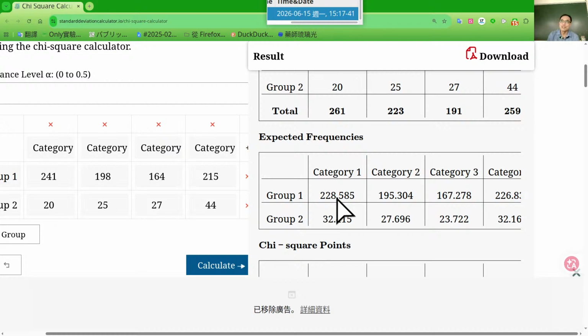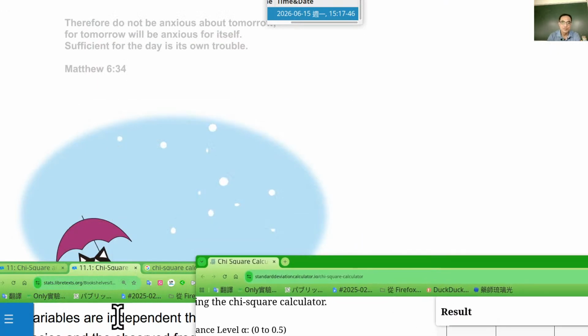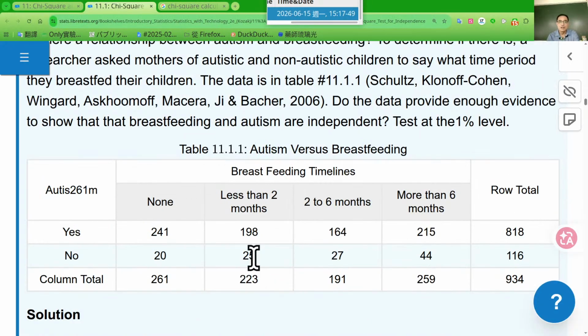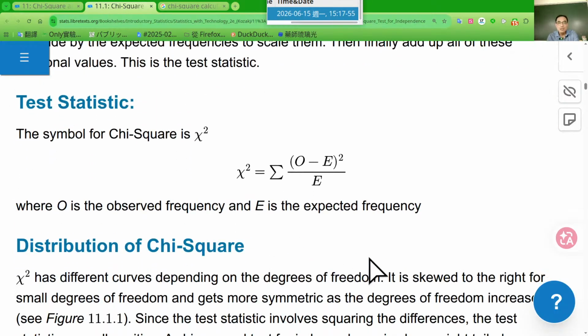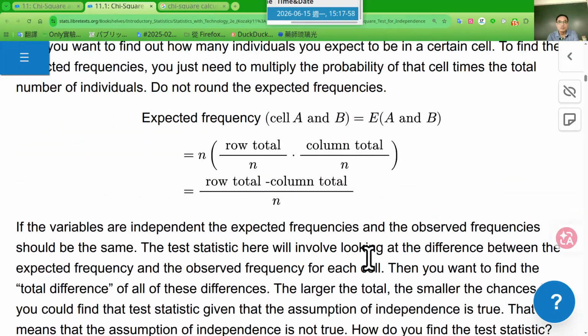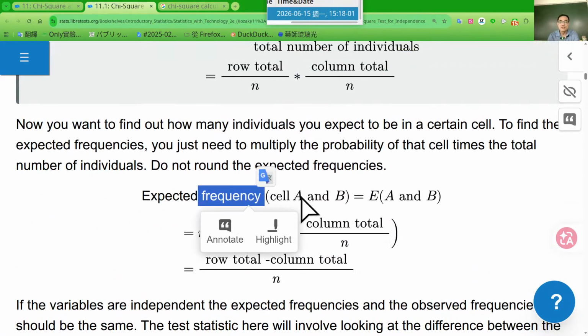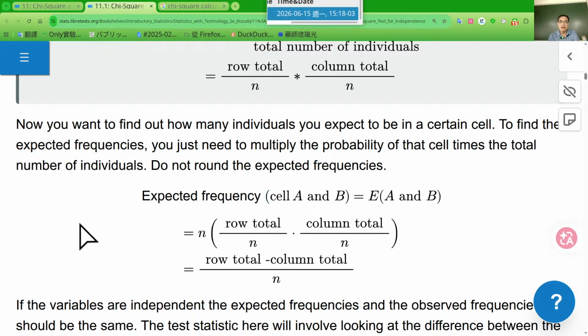Do you remember how to calculate this expected frequency here? Let's review it again. Expected frequency, cell A and B, we can write it as expected value of A and B: n times row total divided by n, times column total divided by n.